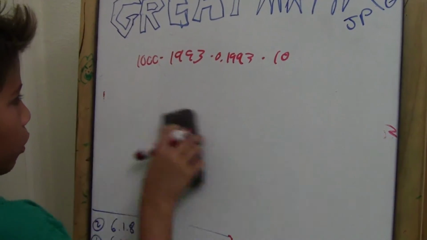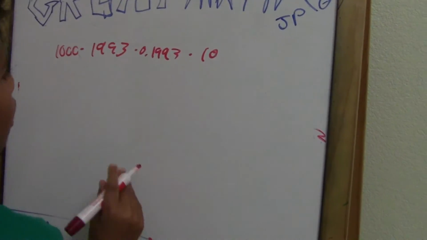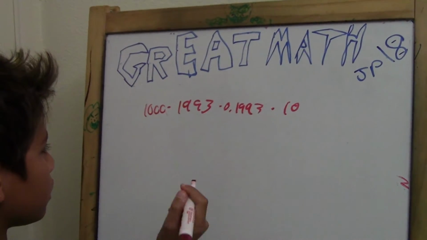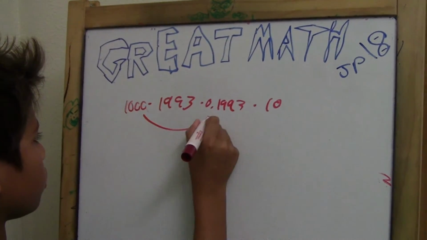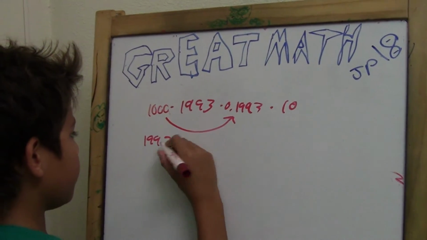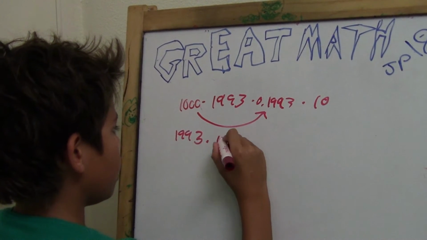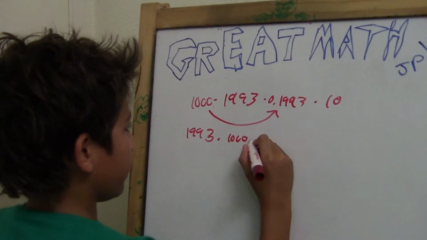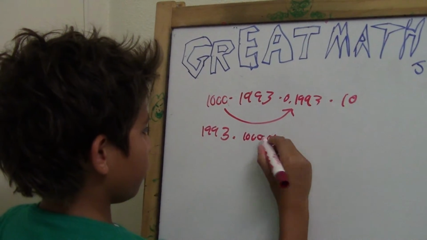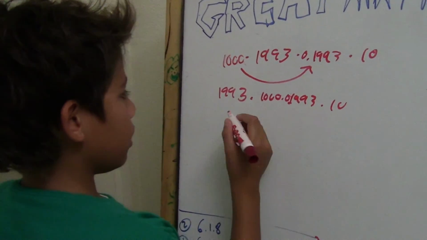Okay, we're going to do this equation. Now first, we don't like decimals, so we're going to turn that back up. So we're going to use the associative property and move that here. 1993 times 1,000 times 0.1993 times 10.